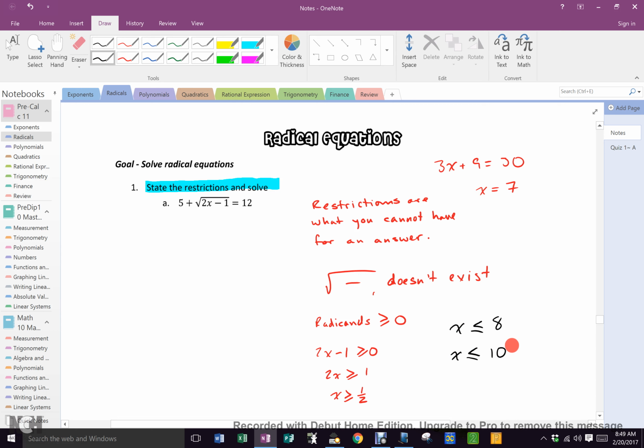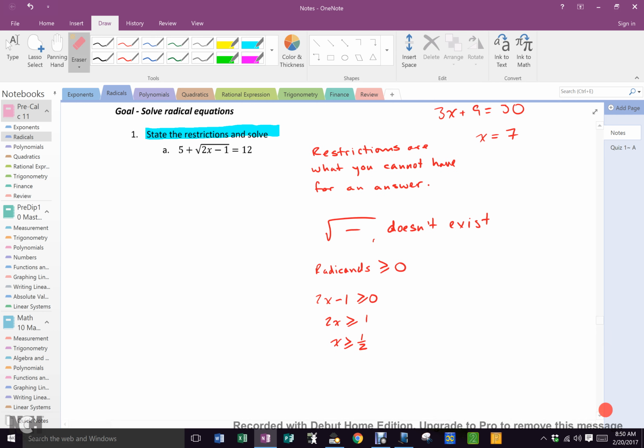What would that mean? Which is the only restriction there that you need to worry about? Why? Right. Everybody cool? Okay. So we've done our restrictions. So we know how to take care of that.